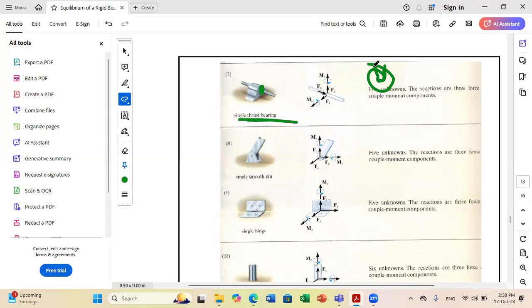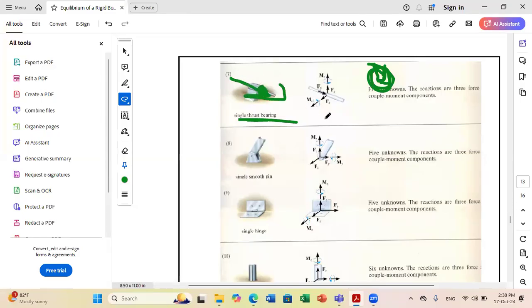In this case I can only do rotation. Imagine that I am putting an object here. I have an end here. I have an end here. So I cannot move in this direction, but I can rotate.